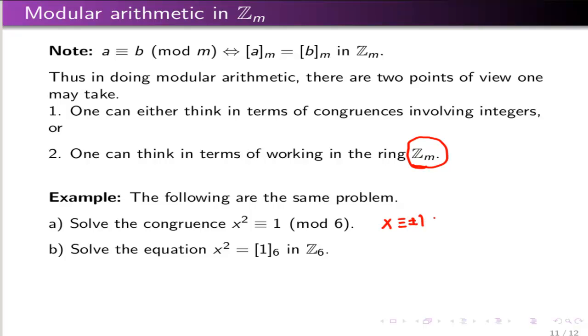And so you just get these 2 values, plus or minus 1, mod 6. And likewise down here, we would get x is plus or minus the residue class 1. Or you could write it like plus or minus [1] sub 6. Either way would be fine there.